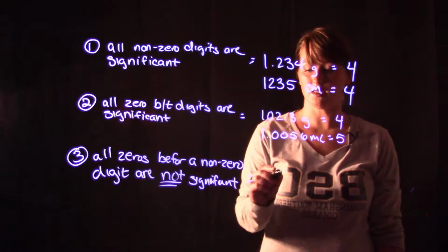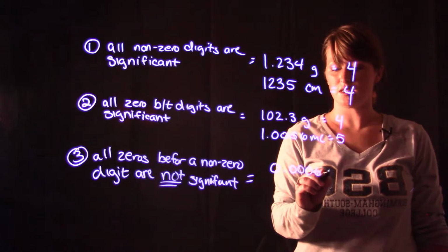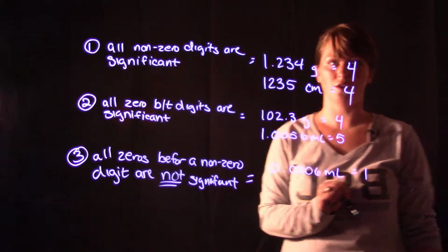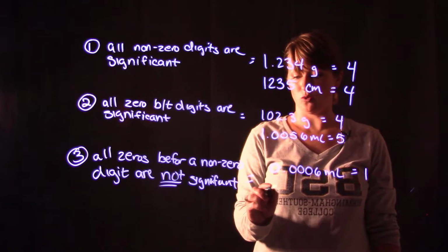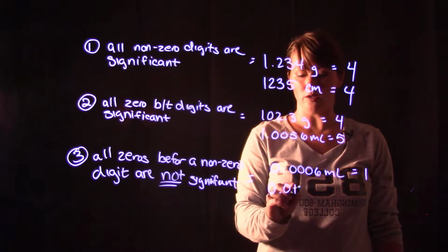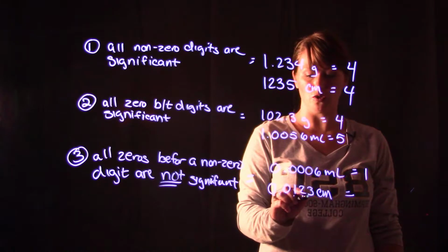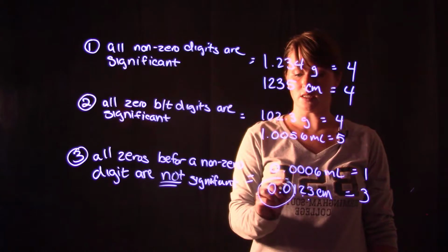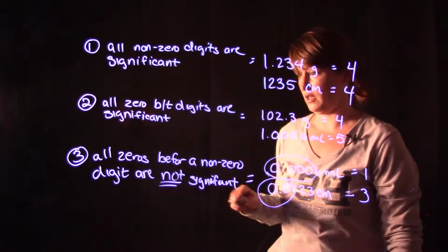So for instance, 0.0006 milliliters has one significant figure, or the value 0.0123 centimeters has 1, 2, 3 significant figures. Again, these zeros are not significant.